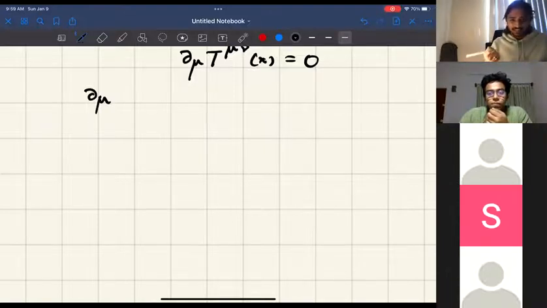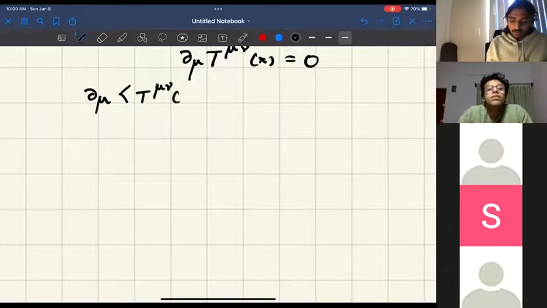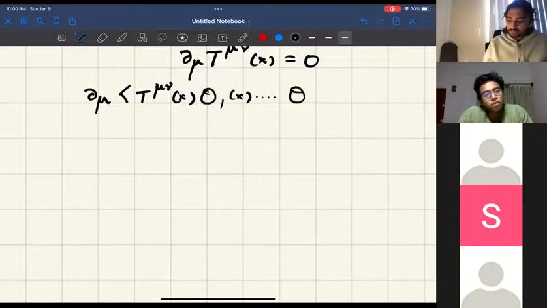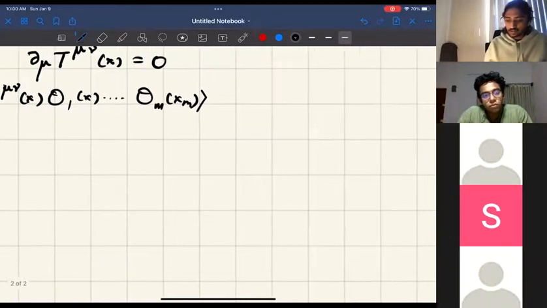It's very interesting because we are considering a local QFT here, but they should still hold true. So you have this, and then let's say you have a bunch of operators being inserted. And I'll give a more visual picture of this later on.